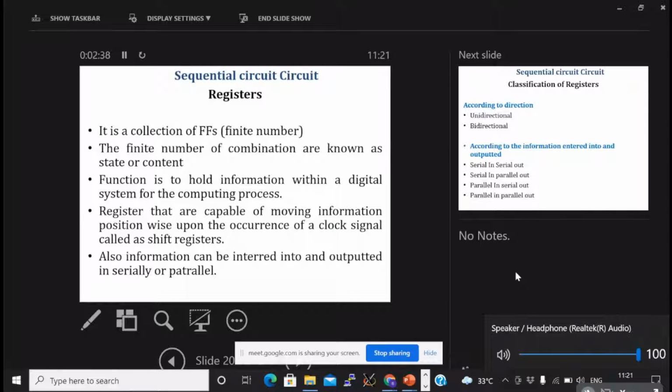Similarly, we can take the information out of the register either in serial or in parallel.